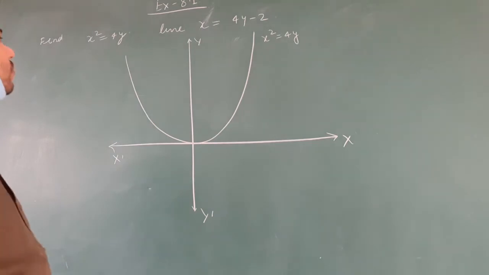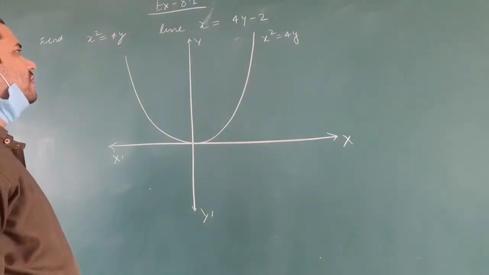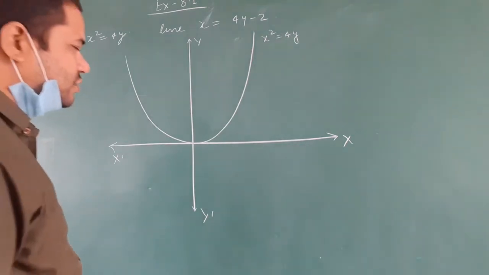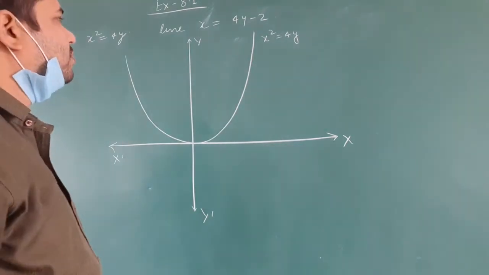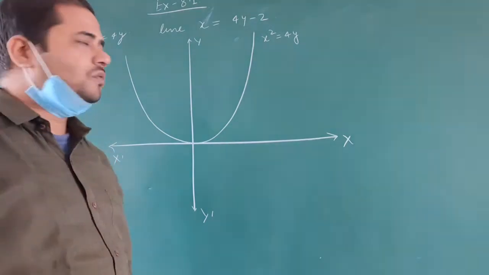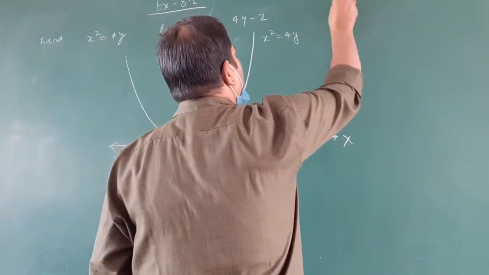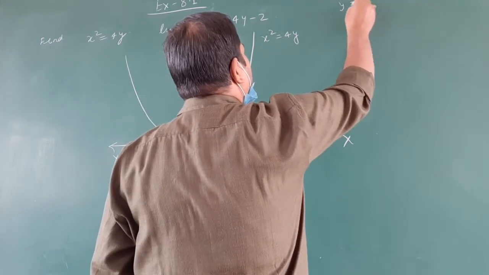So this is the parabola. And what is the equation of the line? Equation of line x is equal to 4y minus 2. If you first put the value of x as 0, you will get 4y is equal to 2 and y is equal to 1 by 2.